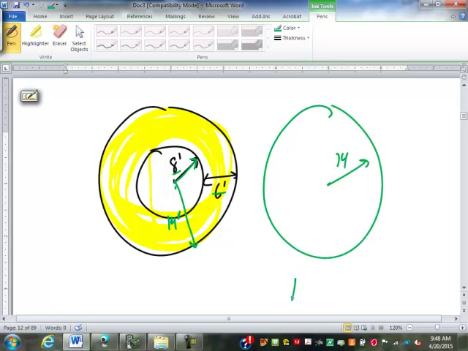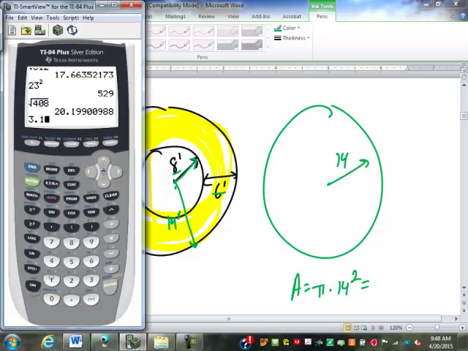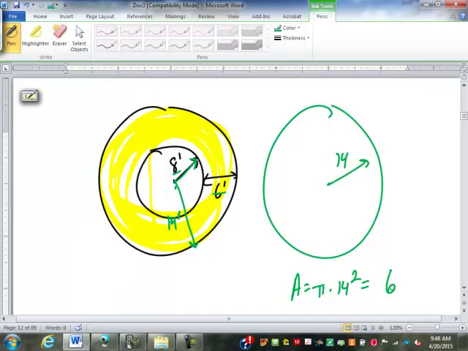Its area is pi times 14 squared. 3.14 times 14 squared is 615.44. Now we've got to find that little circle and subtract it out.